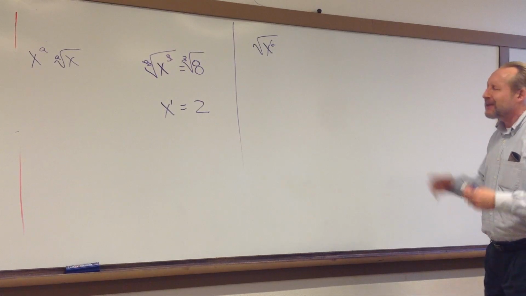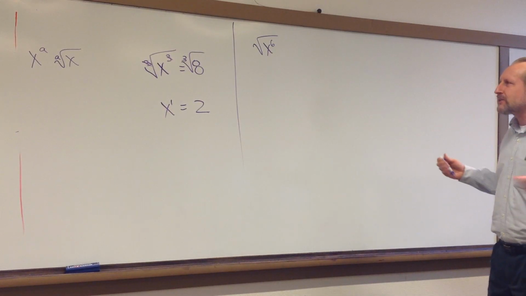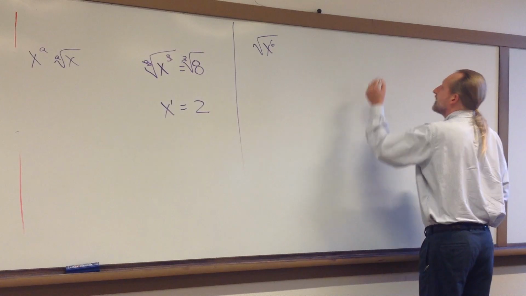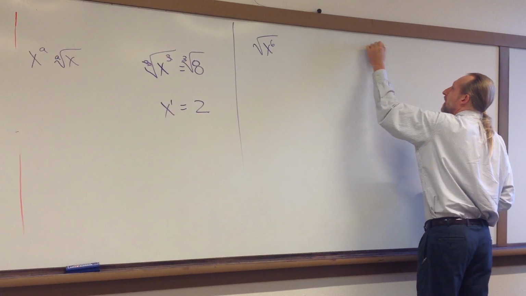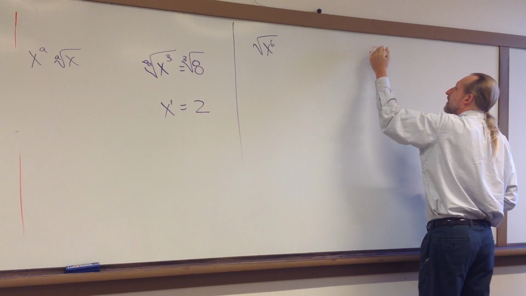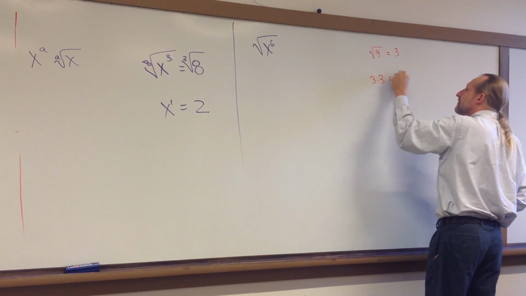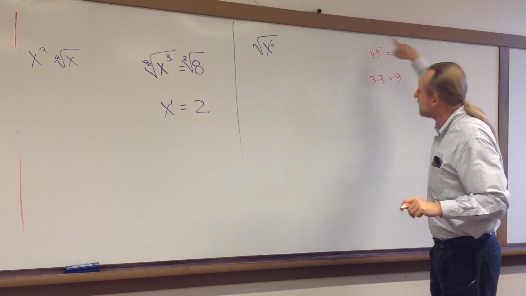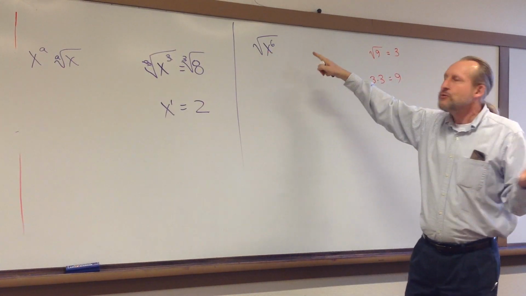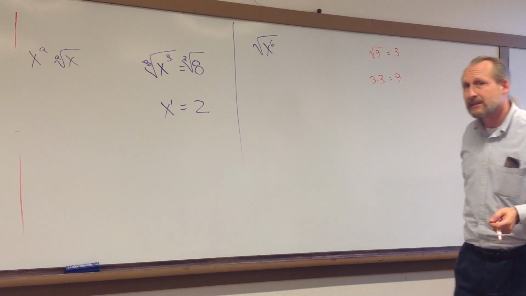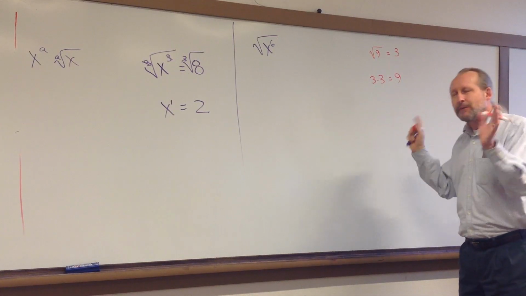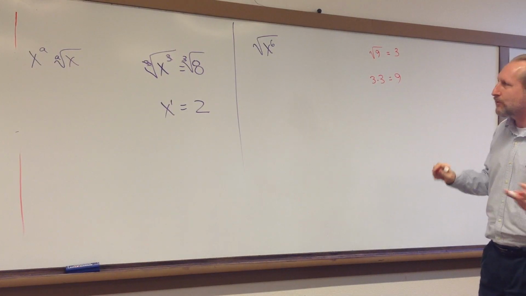So here's the issue. Let's go back to what it means to be a square root, right? In that previous video, I was talking about how the square root of 9 is equal to 3 because 3 times 3 is 9. So let's apply this idea to this. What can you multiply by itself to get x to the 6th power? Don't think about the square root of 6. That's not what we want.